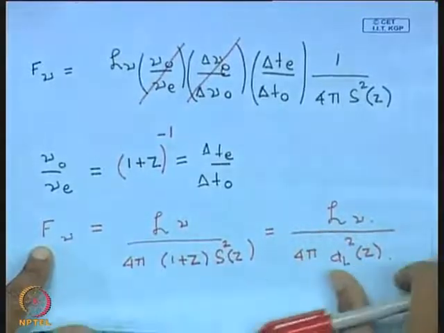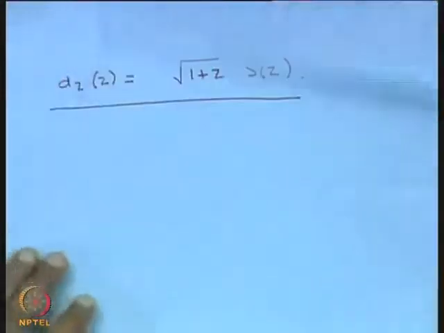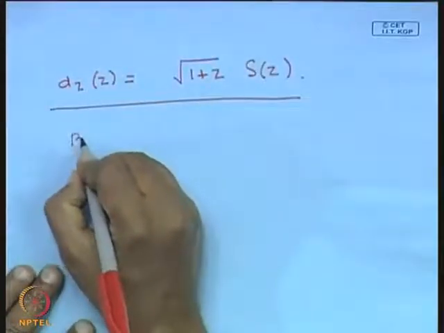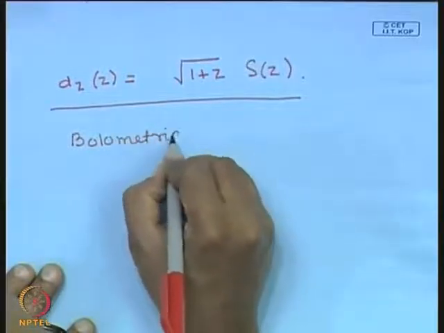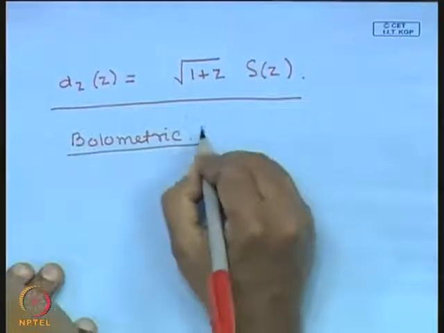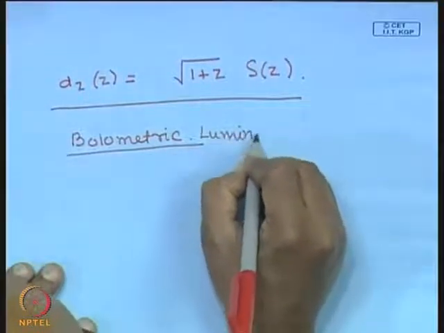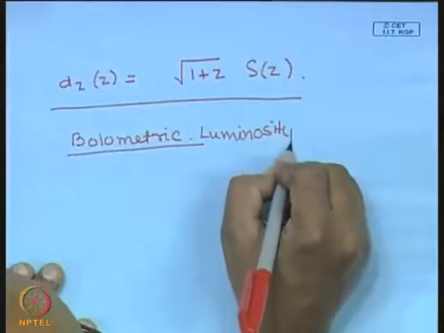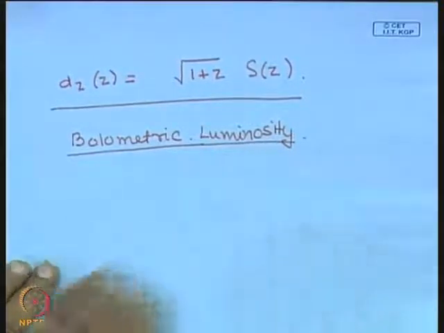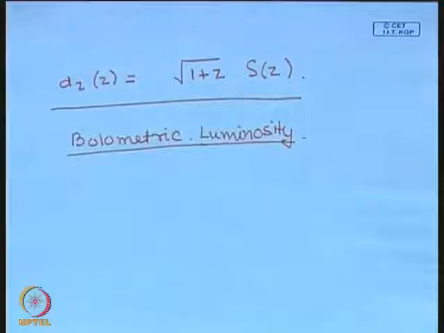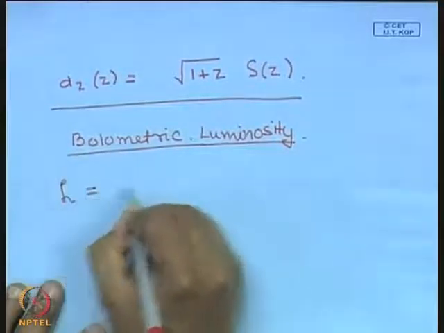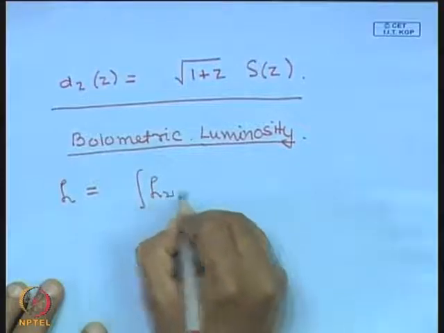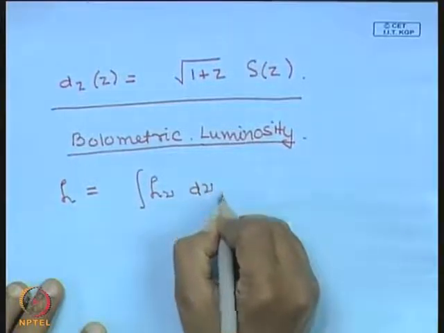Now quite often you do not deal with this, what you deal with is the bolometric luminosity. So what is the bolometric luminosity? The bolometric luminosity is the total luminosity integrated over all frequencies, which is L nu integrated over d nu.